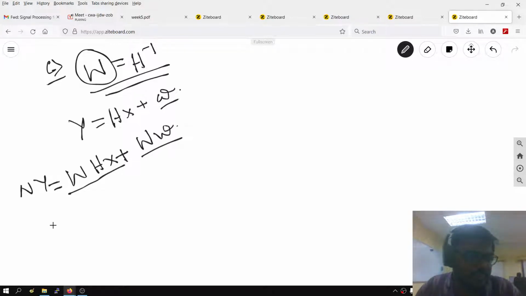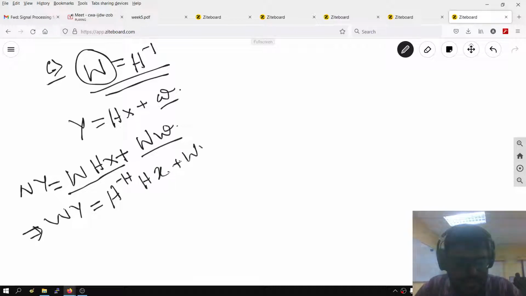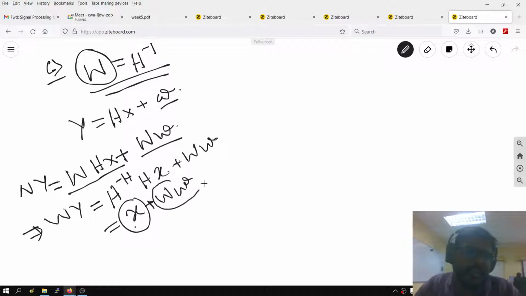What does it become? W is equal to H inverse. So WY becomes H inverse H x plus W w. So it is easy. See, we are directly finding what x is here, and the noise will always be there.